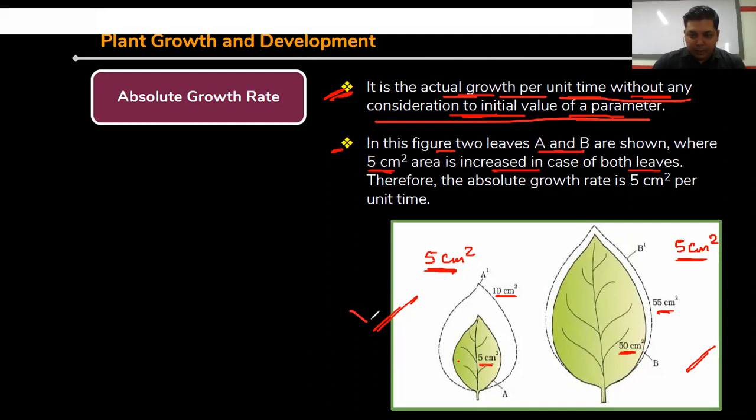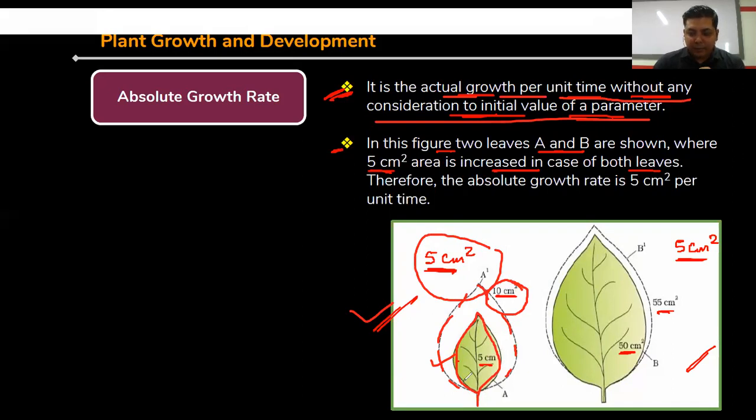That means suppose this is the leaf, right? This one is the previous leaf or original leaf here, and this dotted line is indicating that there are some increases here, and this increase is 5 cm square in size here, and the total is 10 cm square.